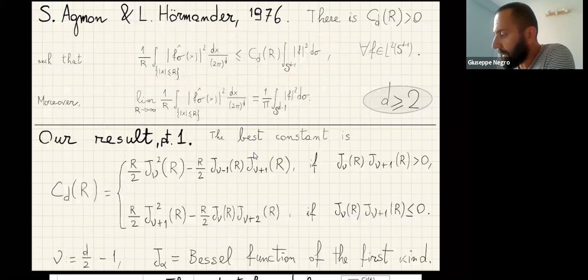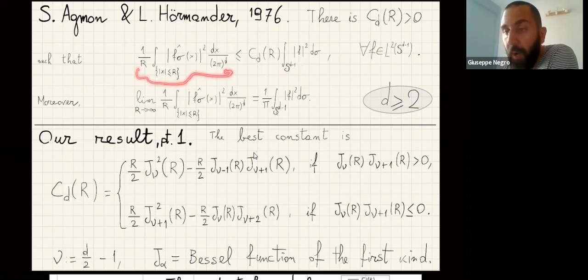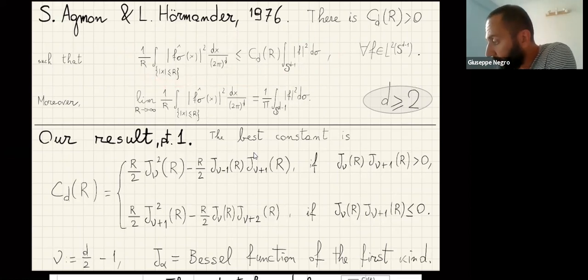You can see that this operator, this norm here, is the one that we considered before. Before we didn't have a function f multiplying the measure on the sphere. We had f equals 1.